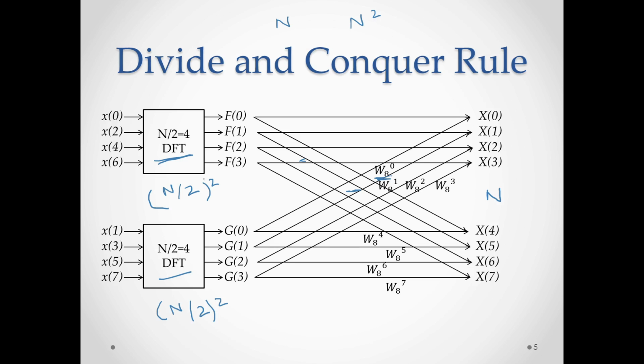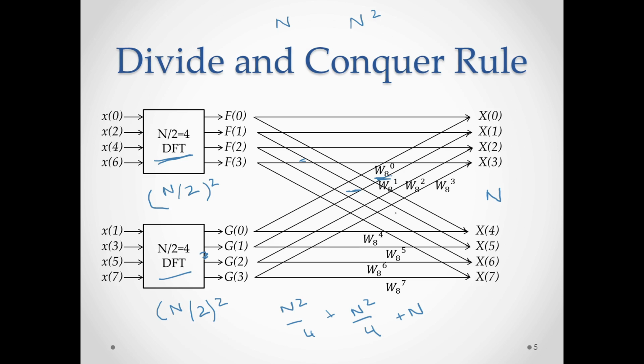So in total, our number of complex computations would be equal to n square by 4 plus n square by 4 plus n. As we have said in our practical example, the value of n is extremely large, so n square would be way too large compared to n.